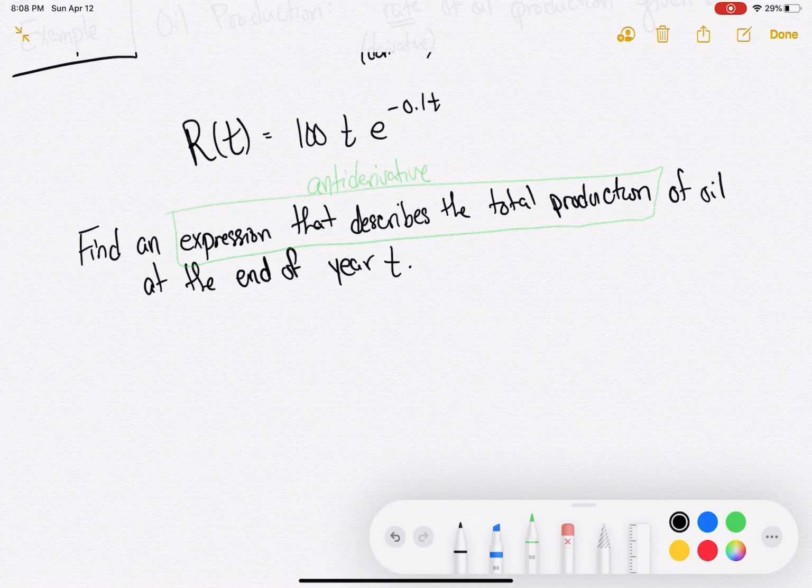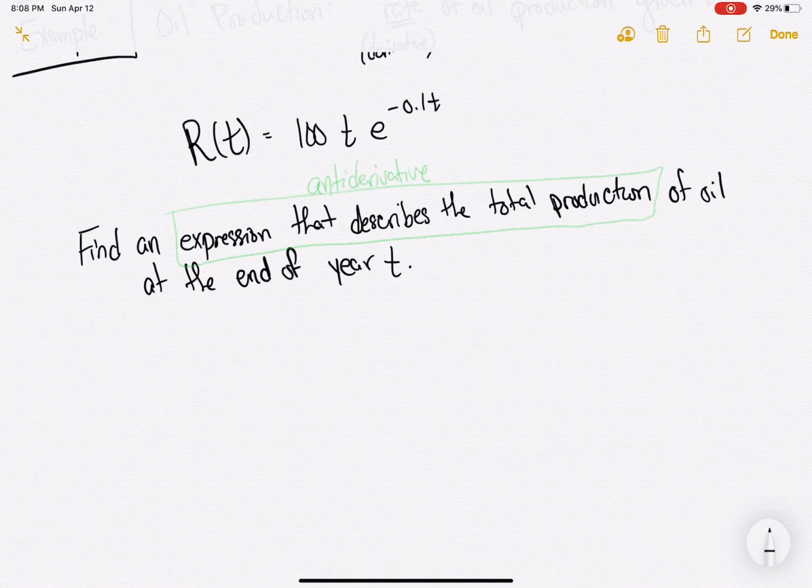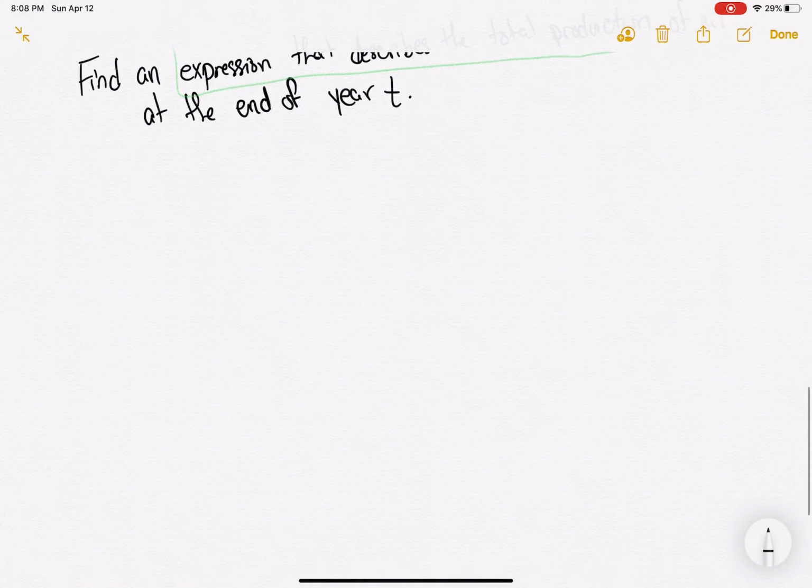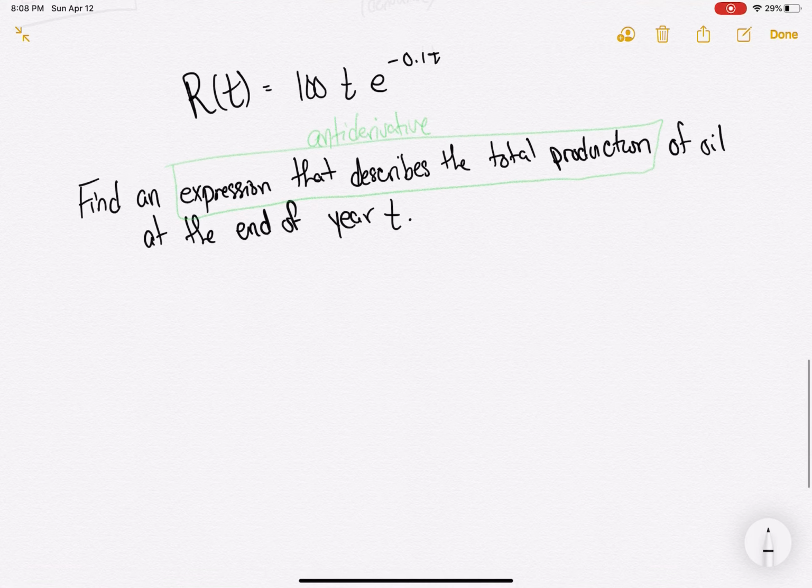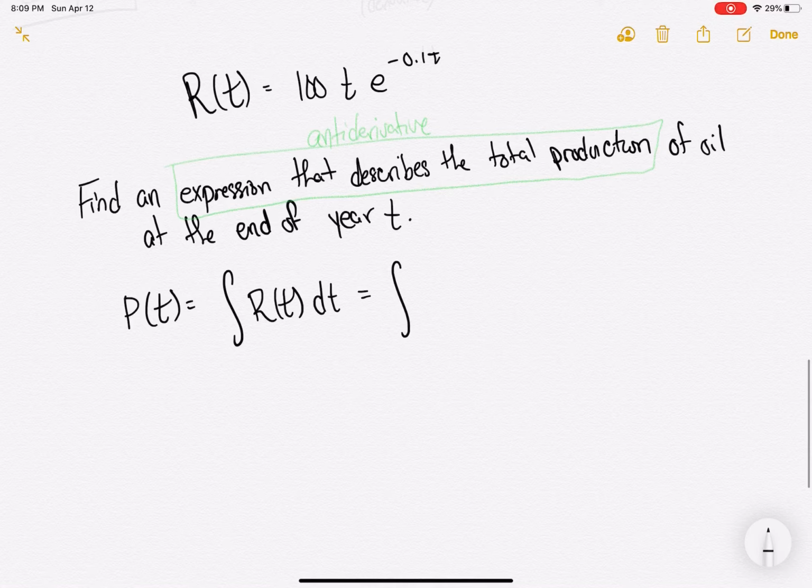Because if we already have a derivative, all we want to do is get rid of that. So I'm going to say total production P of T equals the integral of R of T dt equals the integral of 100 T e to the minus 0.1 T dt.